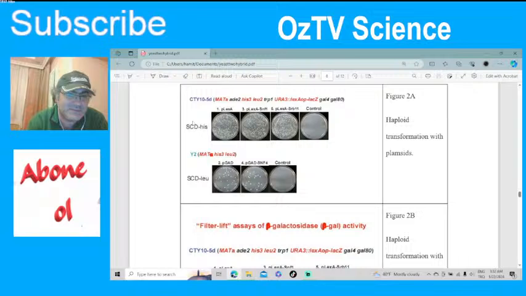This is synthetic complete media lacking histidine. It's a plasmid with the LexA protein, the first hybrid, a plasmid carrying the LexA-SNF1 hybrid, number 5, and a plasmid carrying the LexA-SERB11 hybrid. There's a negative control.